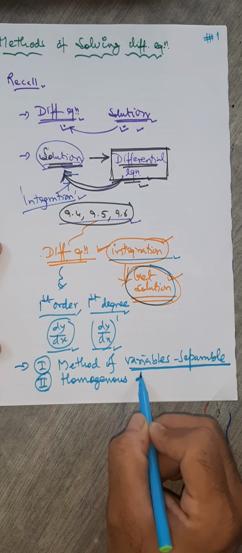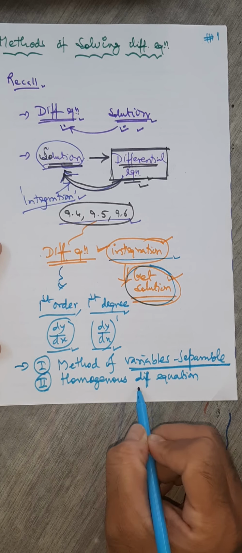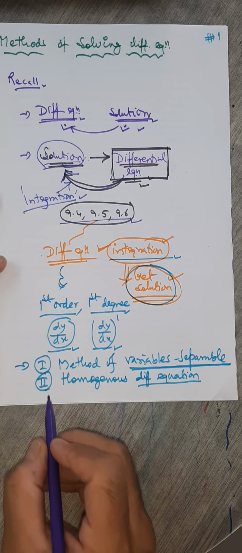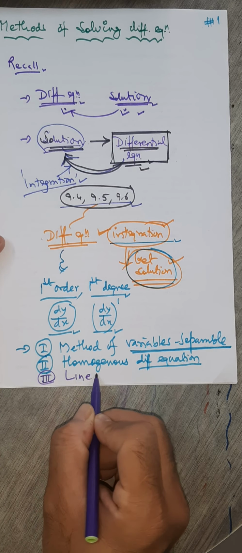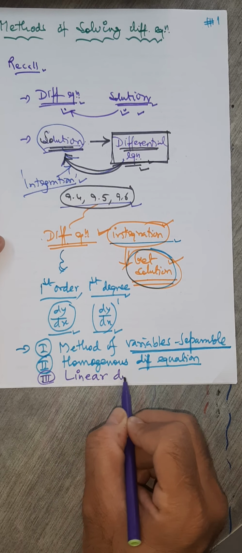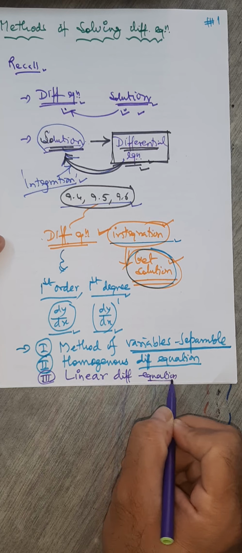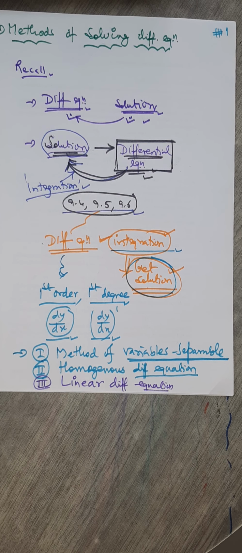And the third method is known as linear differential equation. How many methods do we have? Three. I repeat, what are those? Method of variable separable, homogeneous differential equation, and linear differential equation.